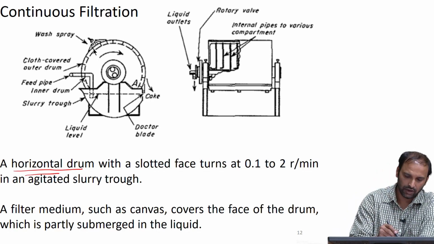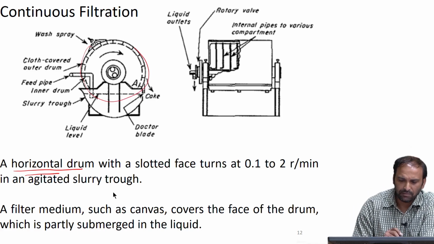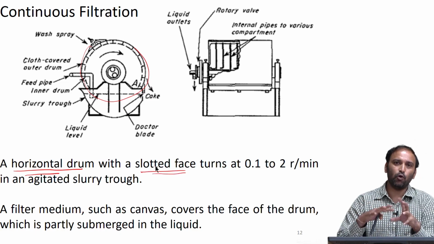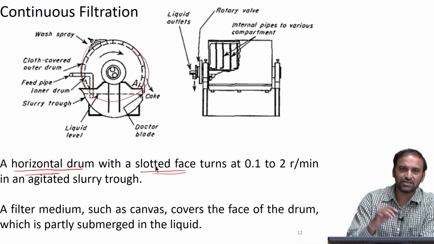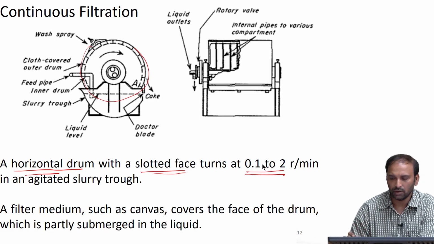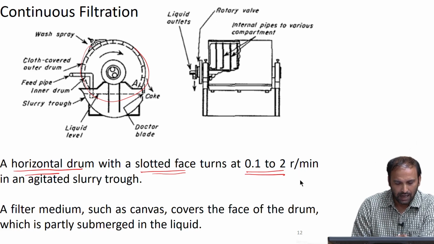This drum has a slotted face, that means there are pores on the outer drum, and it rotates at a slow speed, typically 0.1 to 2 revolutions per minute.